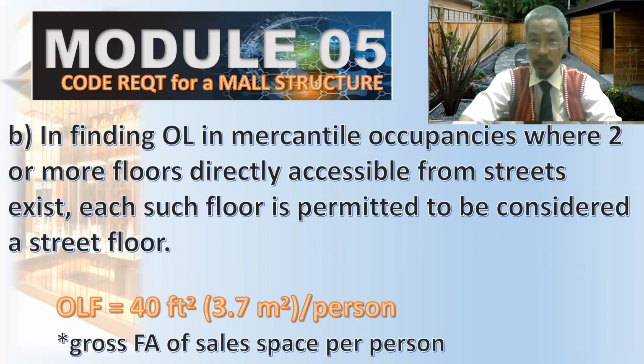Okay, 2 or more floors with direct accessibility from the street are considered street floors. Occupant load factor in this case is 3.7 square meters per person. So this is also gross floor area.